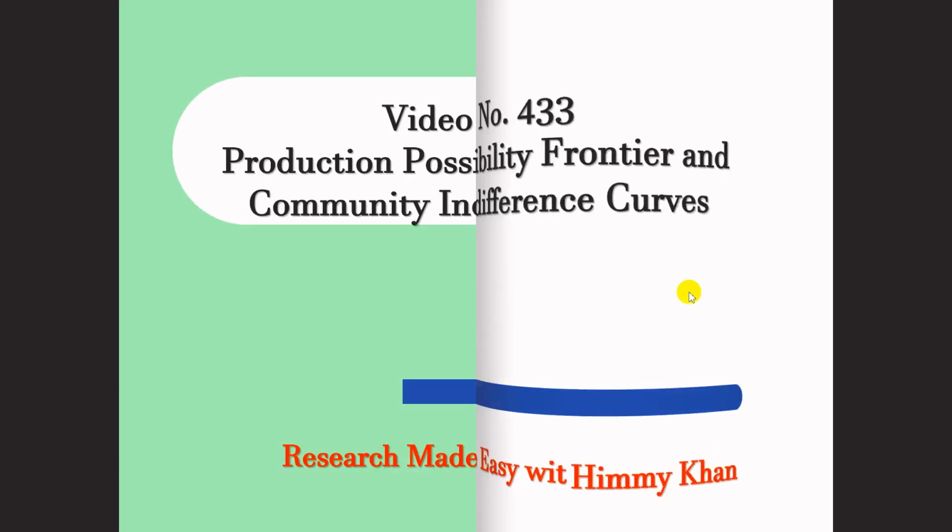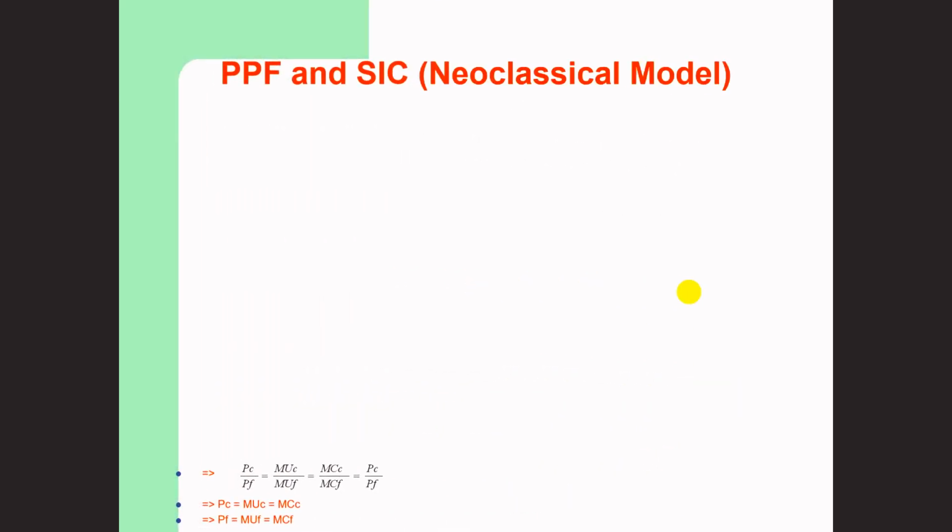So let me start with the context of the new classical model, in which I am using the production possibility frontier and the social indifference curve. Social indifference curve maps explain both technical as well as allocative efficiency taking place at one point.